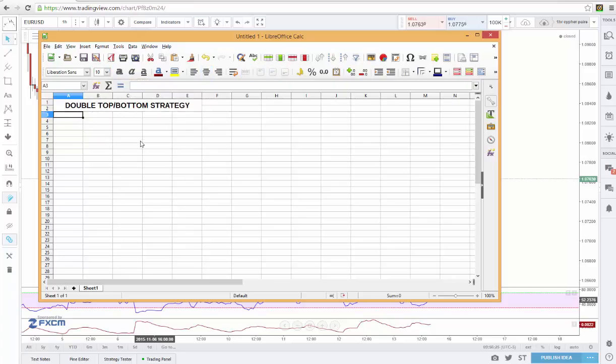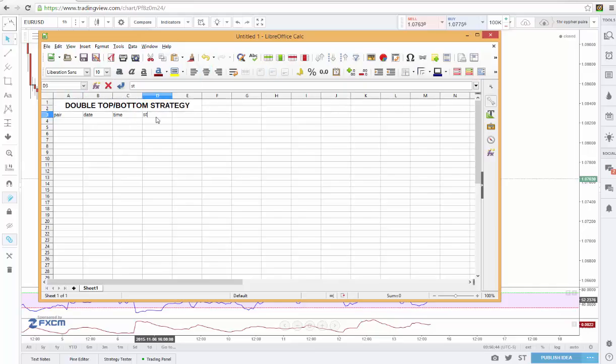The next bit of information we may like to know while testing this is going to be what pair we're trading it on. We definitely want to know the date of the trade that we take. We may want to know the time.